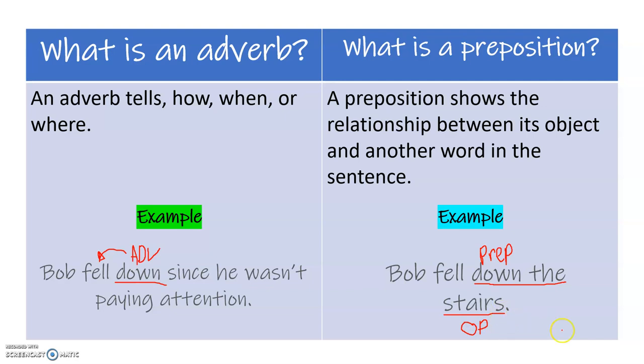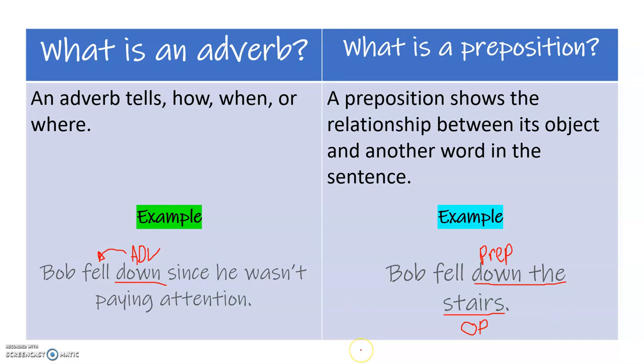Notice that prepositions need their prepositional phrase and their object of the preposition. If you took it out of the sentence, it doesn't work. If you just said Bob fell the stairs, that doesn't exactly make sense. So those are reasons that you can tell that the word is a preposition.